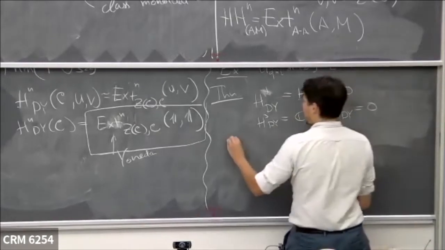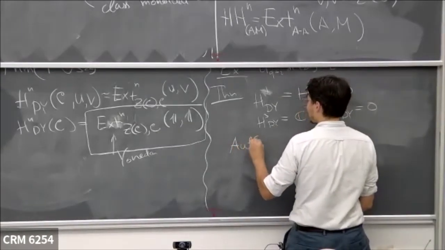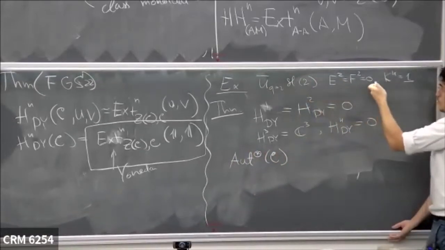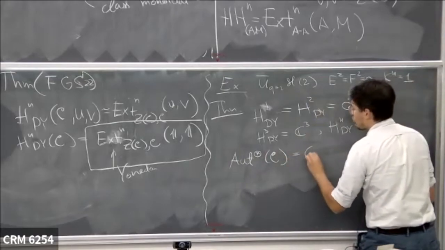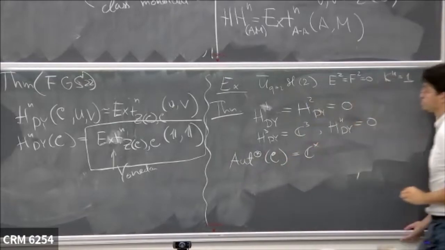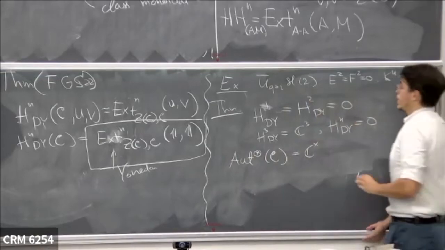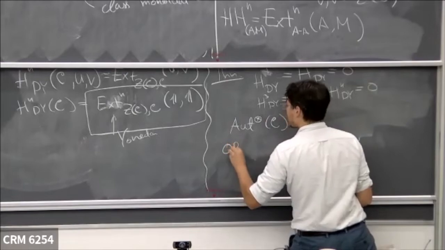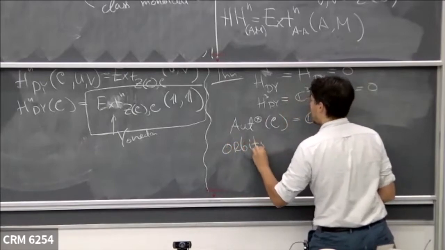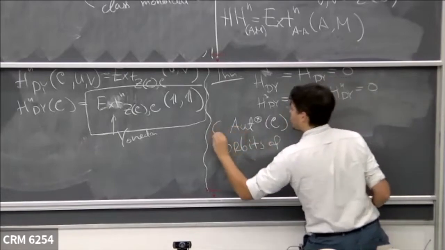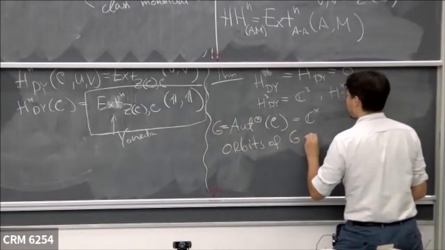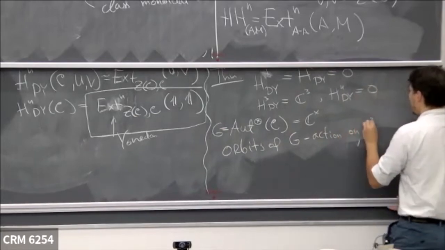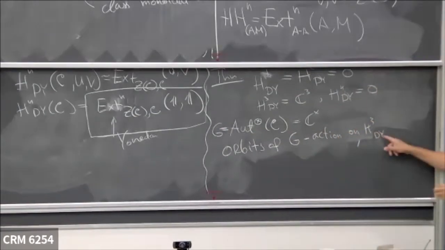And now the group, in this case, the group of tensor auto-equivalences of this category C. So C is now this category of modules over this algebra. It's just a torus, so it's just C star. And so the orbits of this group G action on H3 dy, this is what they classify.